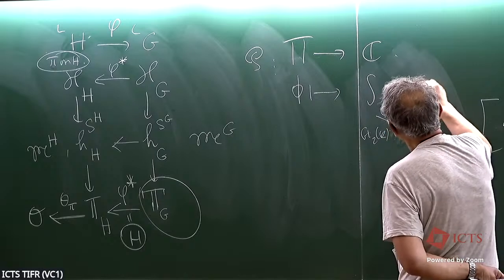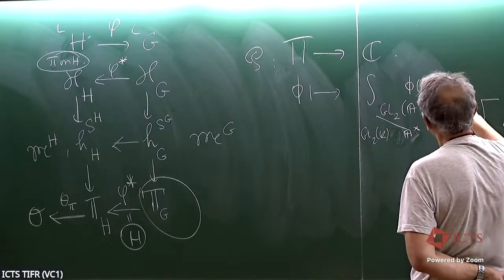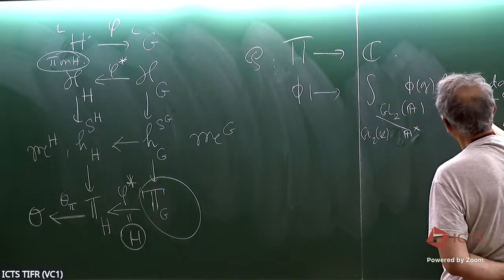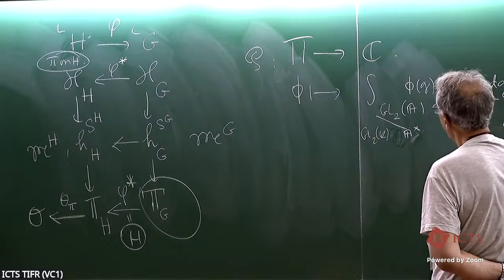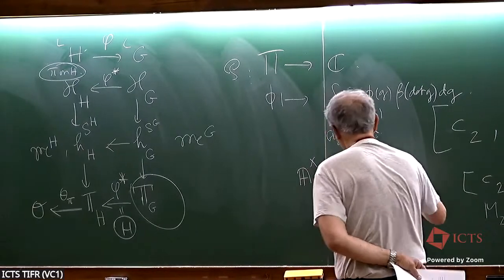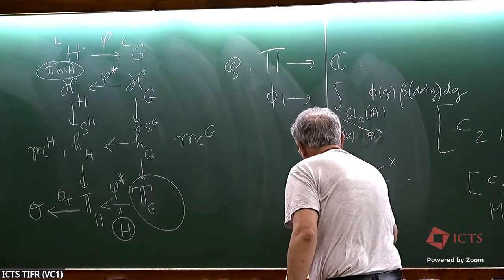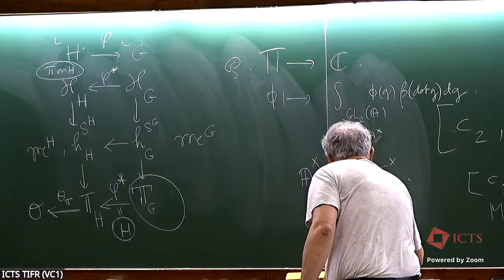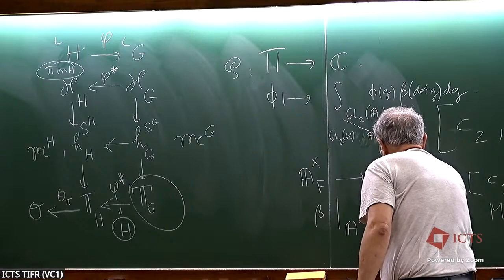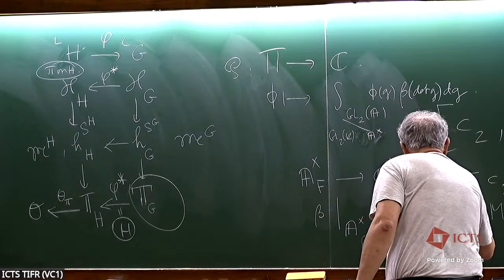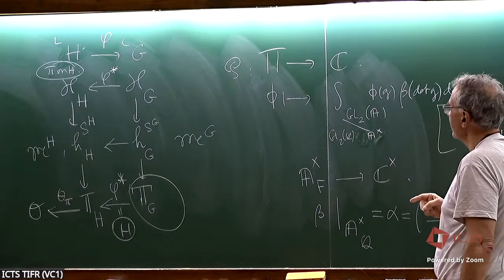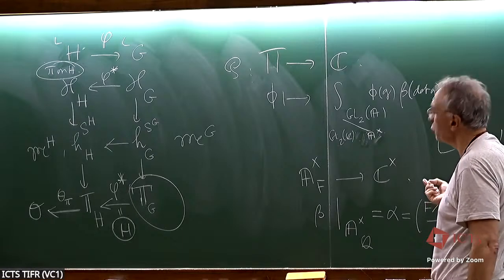So instead of doing just phi of g, I have to multiply by beta of determinant g dg, where beta is a character of AF cross, a Hecke character, which has the property that when you restrict beta to AQ, you get the quadratic character of F over Q. But this thing comes from the fact that I use GL2 instead of using U11.